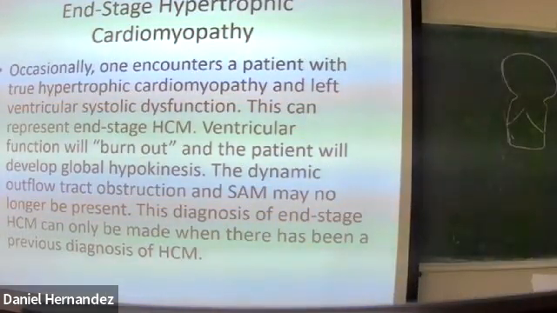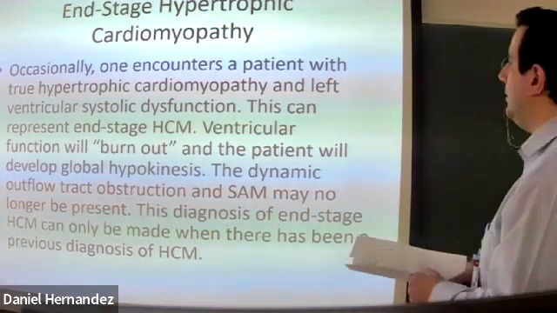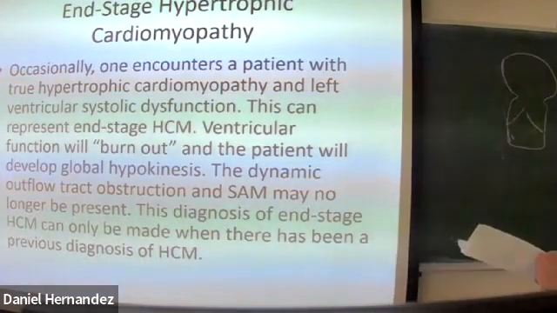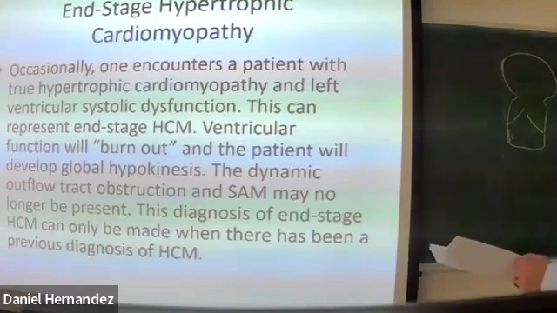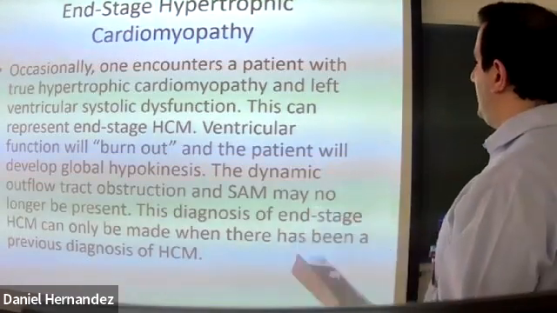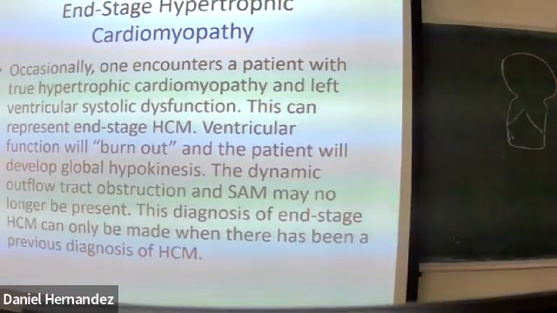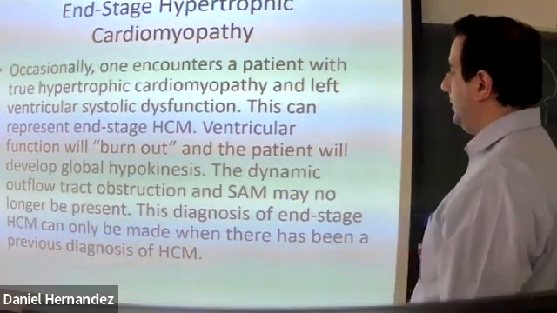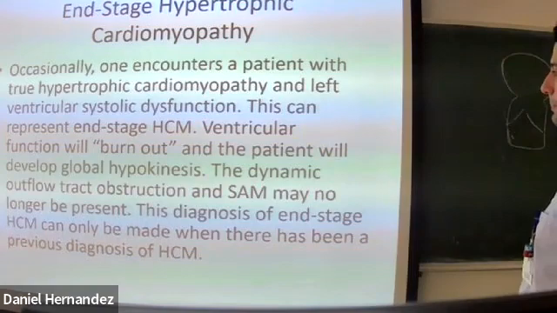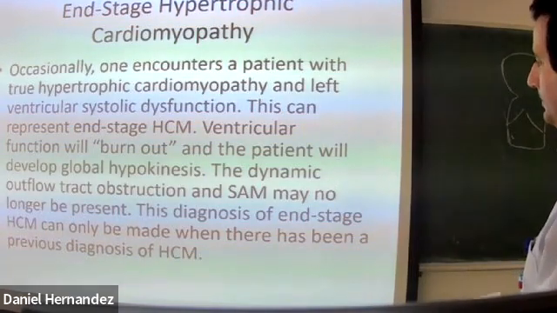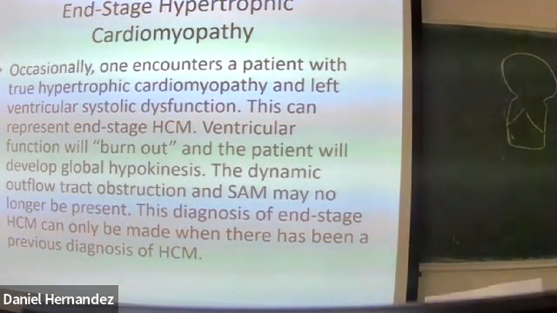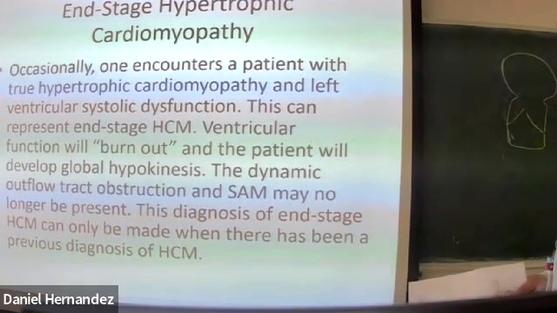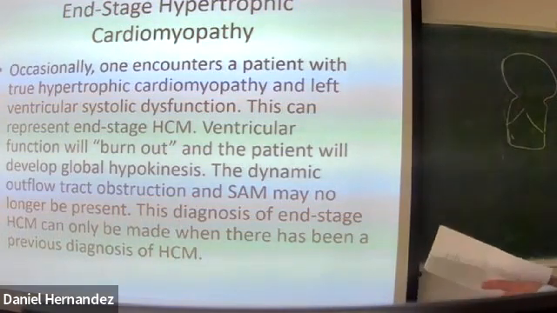Occasionally, one will encounter a patient with true hypertrophic cardiomyopathy and left ventricular systolic dysfunction. This can represent end stage of hypertrophic cardiomyopathy. Eventually, ventricular function will burn out and the patient will develop global hypokinesis. The dynamic outflow tract obstruction SAM may no longer be present at this point.